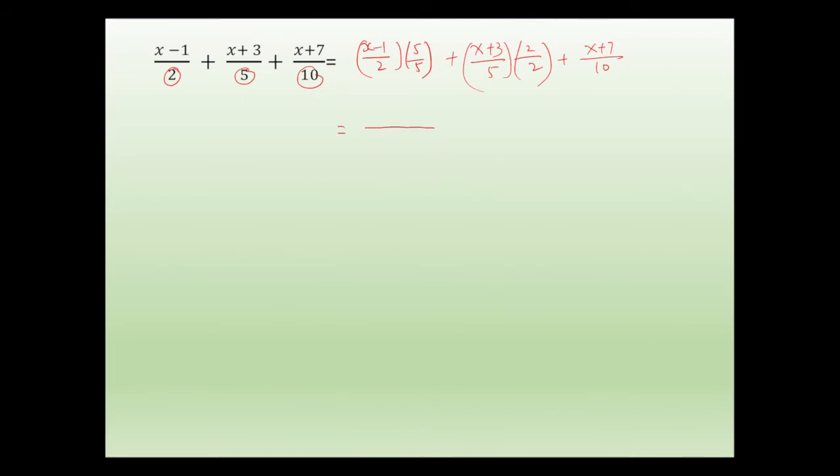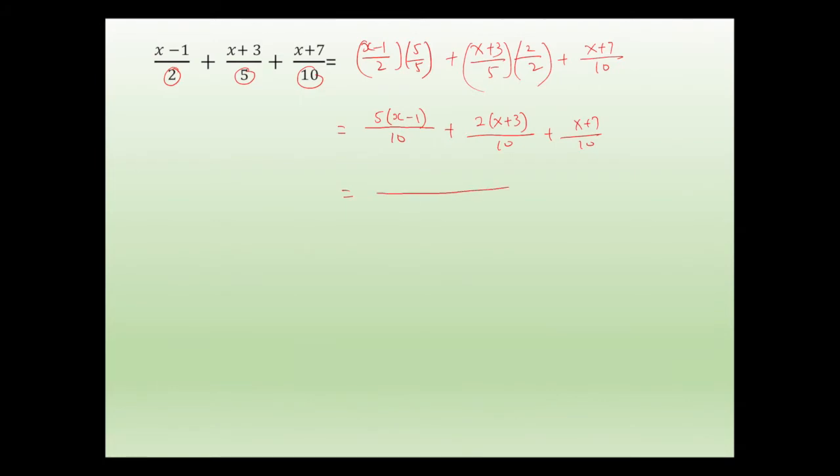Alright, multiplying 2 by 5 is 10. We can rewrite the numerator as 5 times x minus 1, so that we can use the distributive law. Same with this one, the numerator is 2 times x plus 3 over 10 plus x plus 7 over 10.